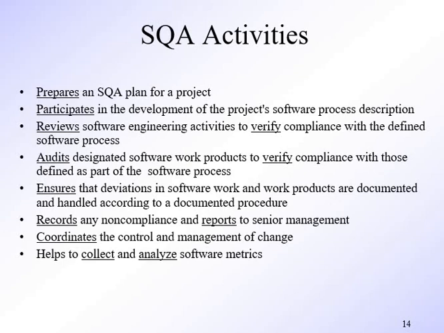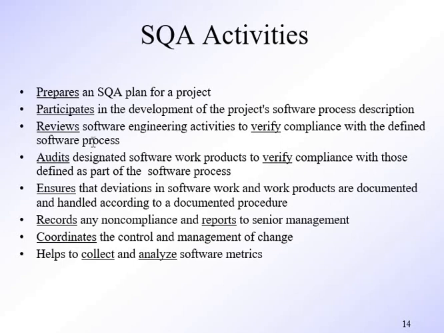First, the need is to prepare the SQA plan, the software quality assurance plan, then participate in the development of the project software process description and the requirement description. Then we have the review process: code review, requirement review. Then we have audits, which review designated software work products to verify compliance with those defined as part of the software process.